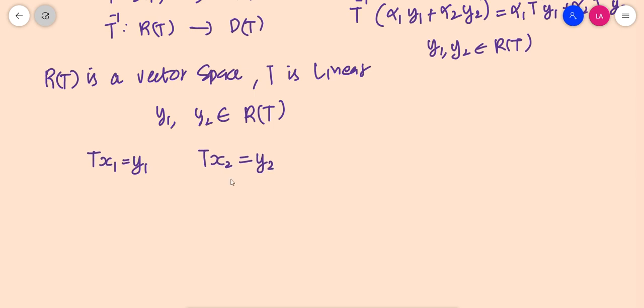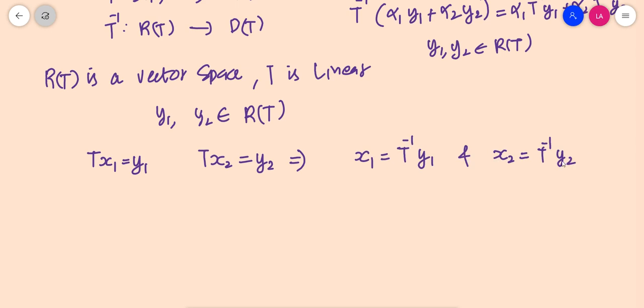Which further implies that, since it is given that T inverse exists, we can state that x1 is equal to T inverse of y1 and x2 is equal to T inverse of y2, since we have assumed that T inverse exists.